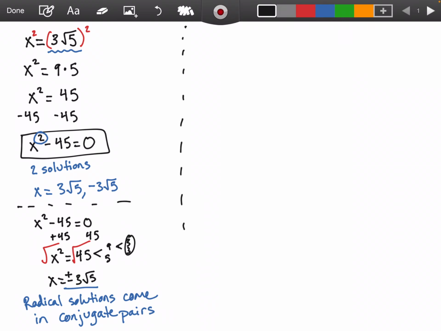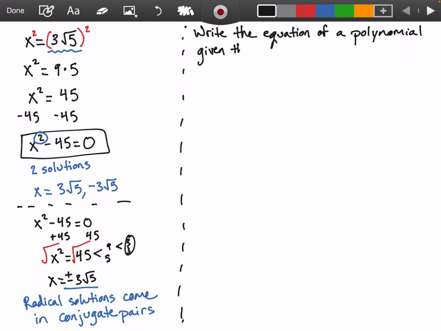So let's look at something a little bit more complicated then. Write the equation of a polynomial given the following roots.